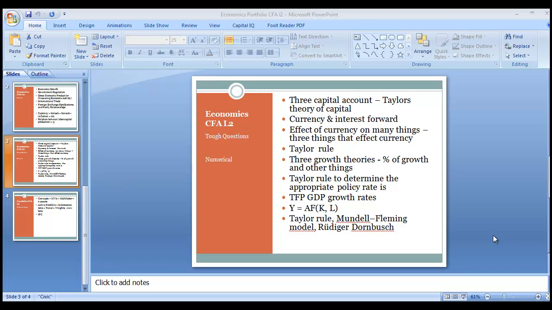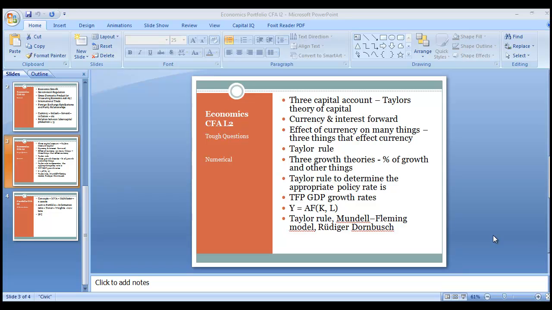Another numerical that is seen here is based on the neoclassical model. In the neoclassical model there is a numerical about total factor productivity, labor force growth rate, and labor cost proportion of total factor cost.